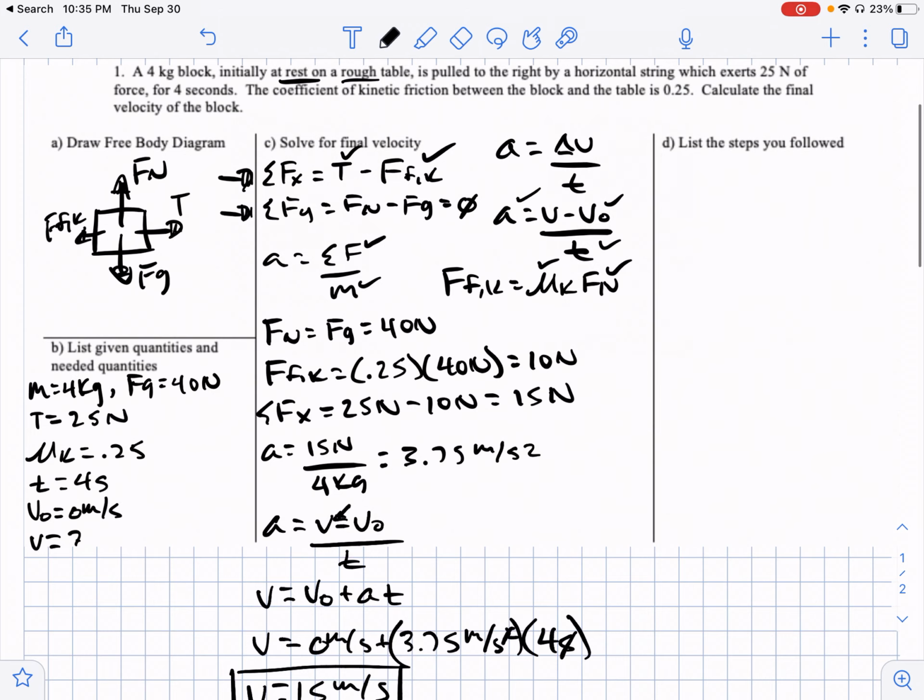And the other part here just says to list some of those steps that we followed. Okay, so if we summarize that, we wrote our free body diagram, and then we made our net force equations. Then we solved for our friction, right? That was the first thing that we did. Once we had our friction, then we were able to solve for our net force.